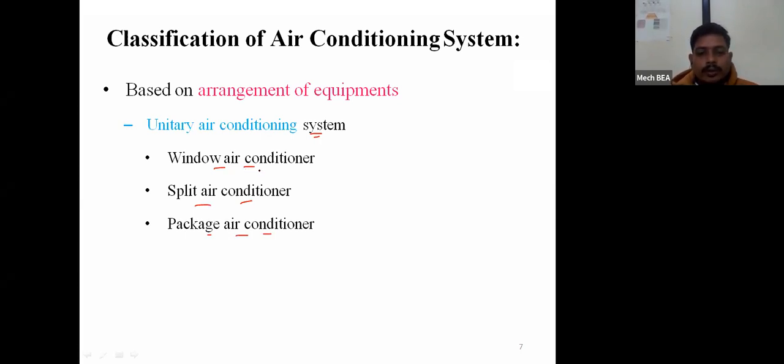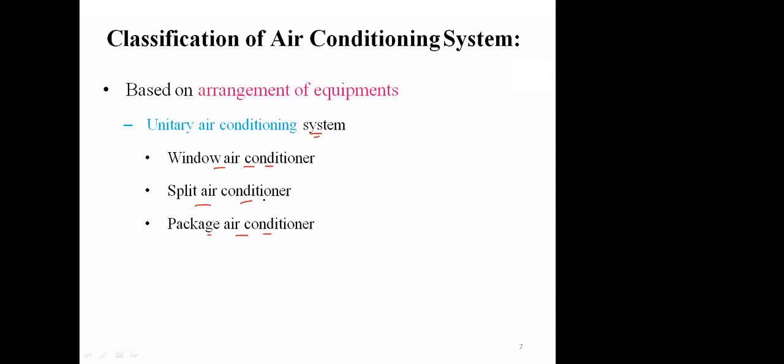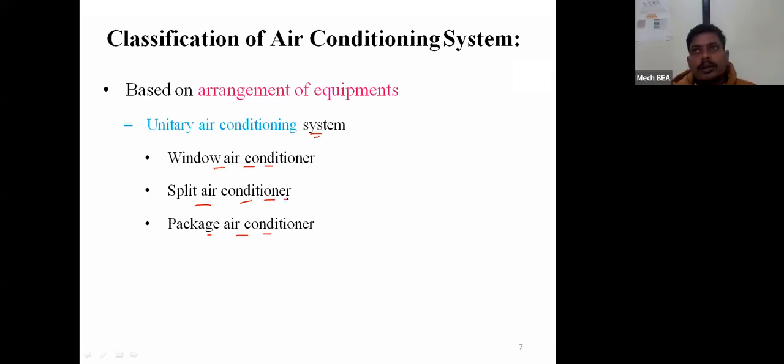First is the window air conditioner. You might have seen window air conditioners, which are kept in windows. You might have observed split air conditioners in our TPO hall, as well as package air conditioners in our international seminar hall.